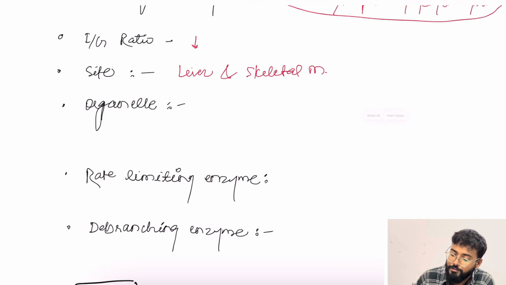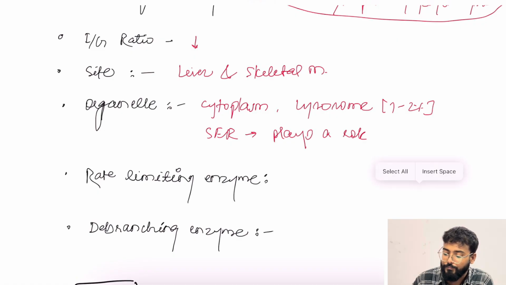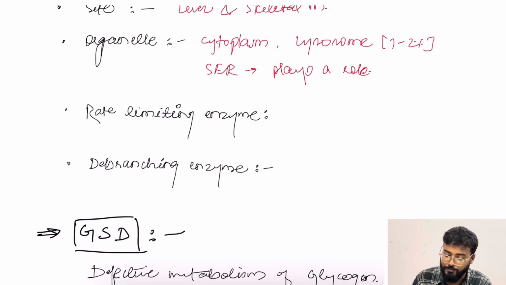your skeletal muscles. The majority of glycogenolysis occurs inside the cytoplasm, and a fraction of it, roughly 1 to 2%, also occurs inside the lysosome. The smooth endoplasmic reticulum plays an important role in glycogenolysis.